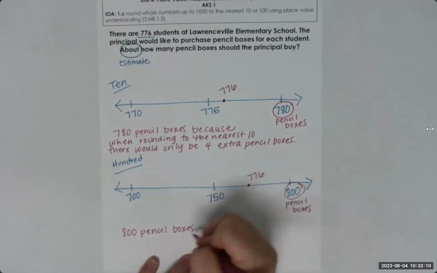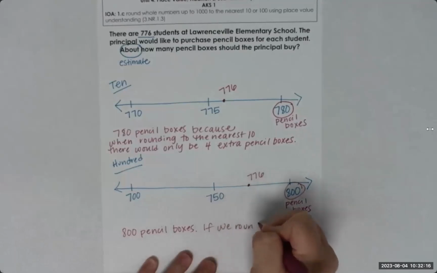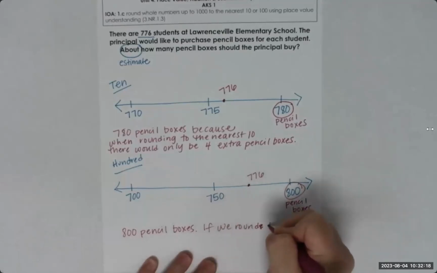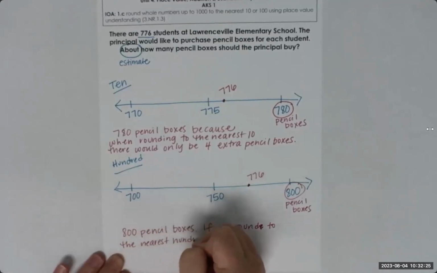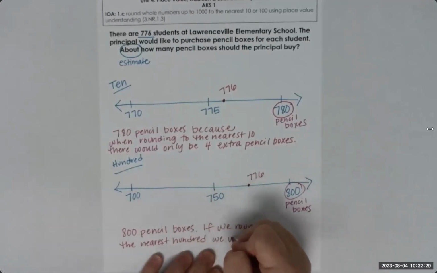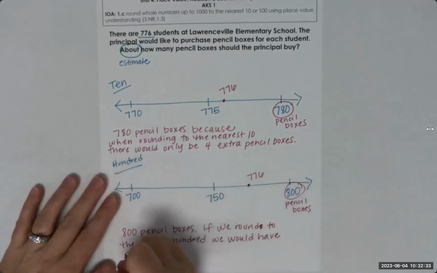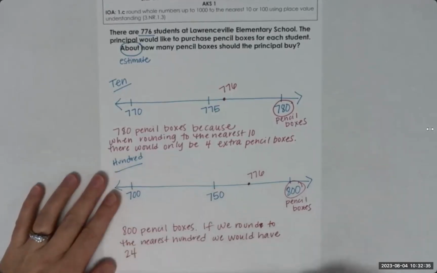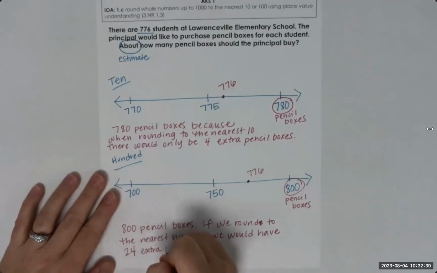That's how many they should buy because if we round to the nearest 100, the principal would have 24 extra pencil boxes.